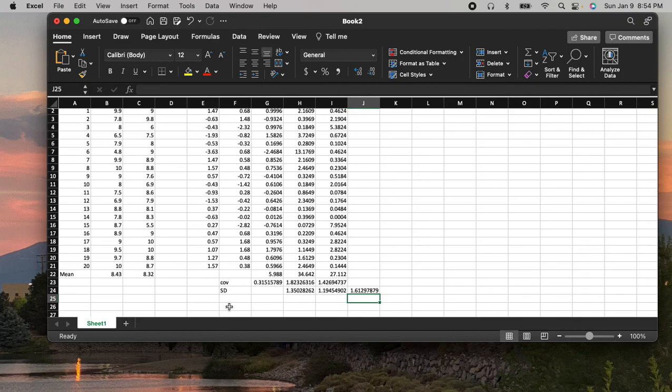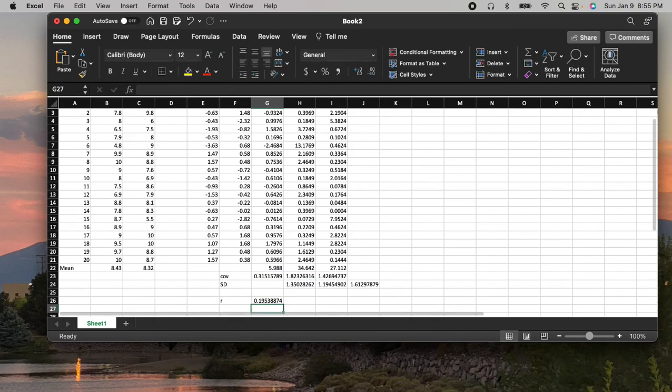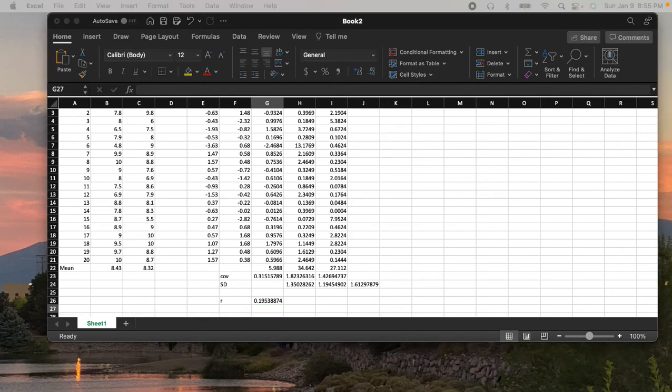Now to find my relationship, r equals my covariance, which I have right here, divided by this number here. Or we can also do it this way, with open parentheses, this times this. So my correlation on this is 0.953.